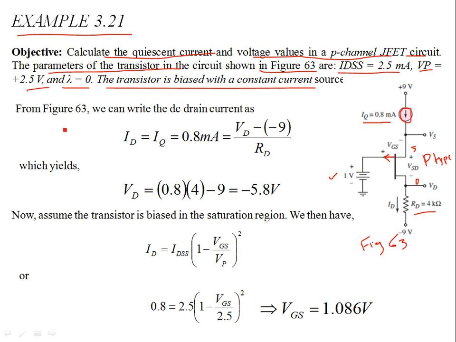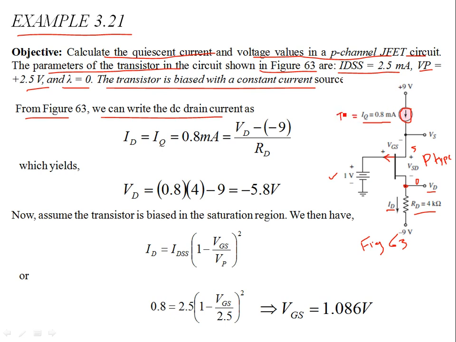Okay, so from figure 63, we can write the DC drain current, because over here, if you consider the voltage drop, VD is the output voltage as well. So (VD minus 9 volts) divided by RD gives you ID. Okay, and this ID is supposed to be equal to your IQ.